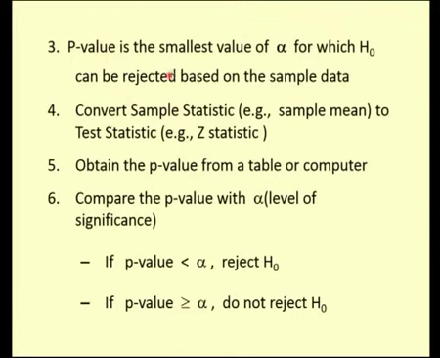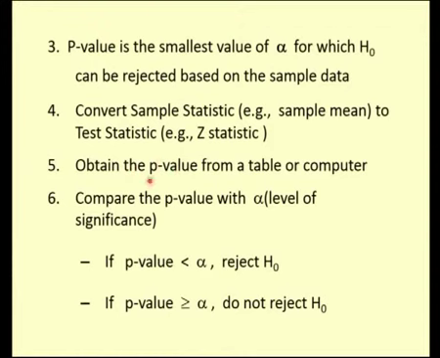It is based on your alpha, that is, your level of significance. Convert your sample statistic, that is the sample mean, to a test statistic, which is a Z statistic. Obtain this p-value from either a table or from the computer. By using SPSS, many software packages are available to find your p-value.